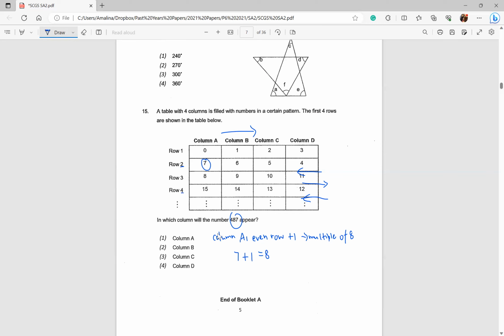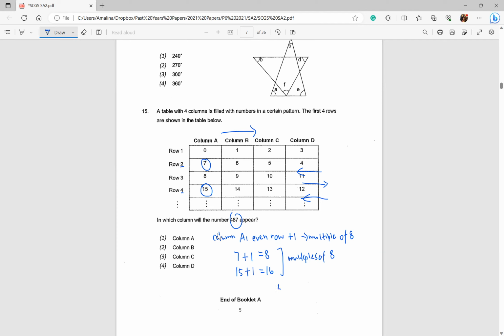Row 4, even row, 15. 15, I plus 1, I get 16. It's also a multiple of 8. Okay, so multiples of 8. So for this 487, let's try to test whether it's a multiple of 8.